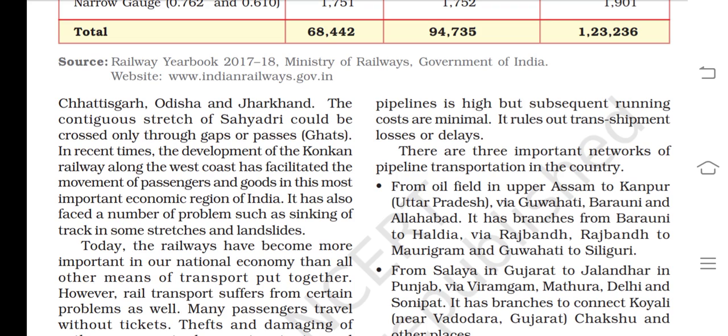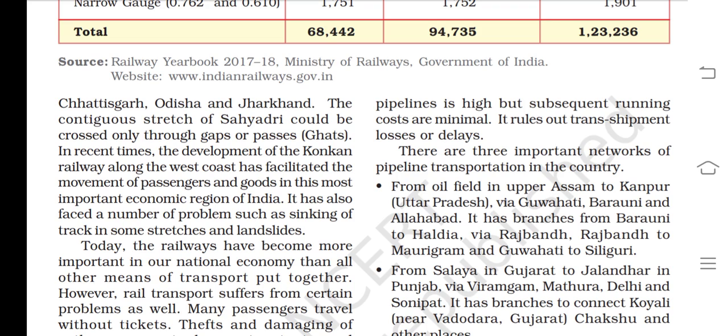In recent times, the development of the Konkan Railway along the west coast has facilitated the movement of passengers and goods in this most important economic region of India. It has also faced a number of problems such as sinking of track in some stretches and landslides.